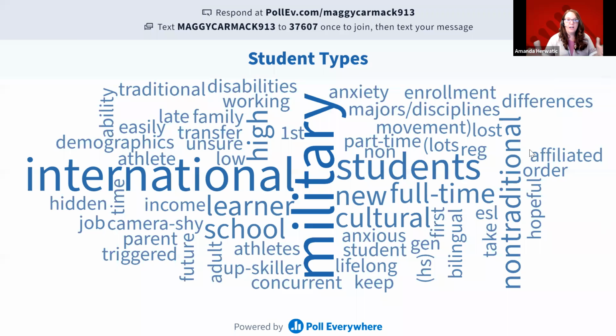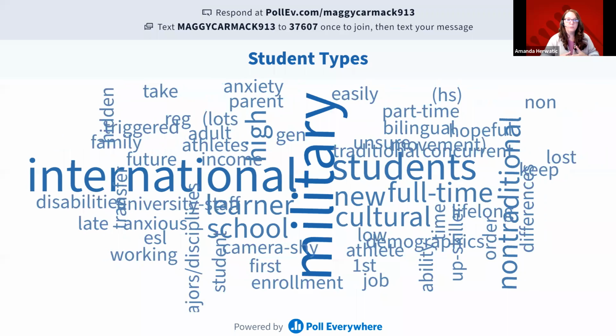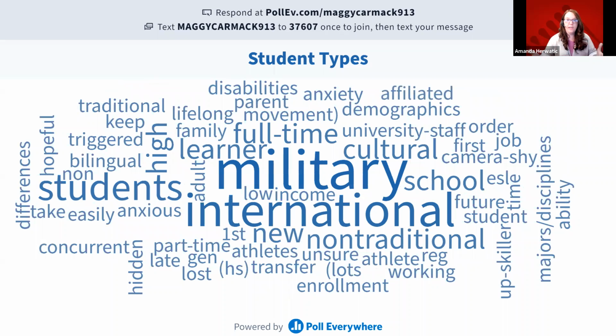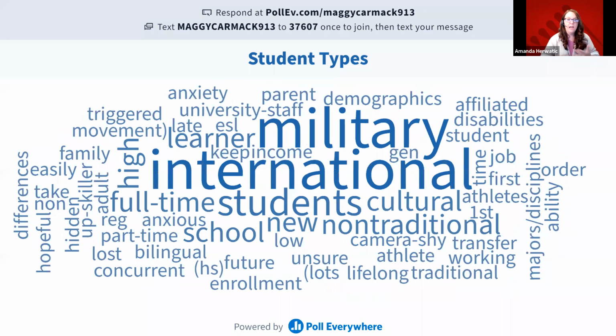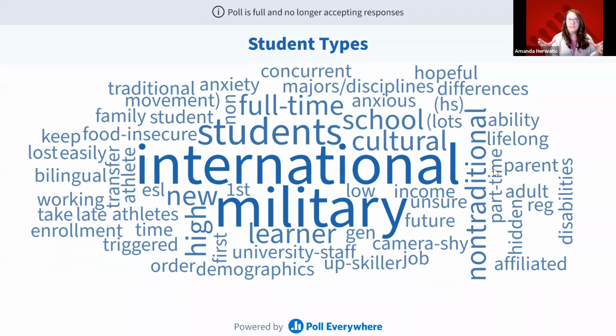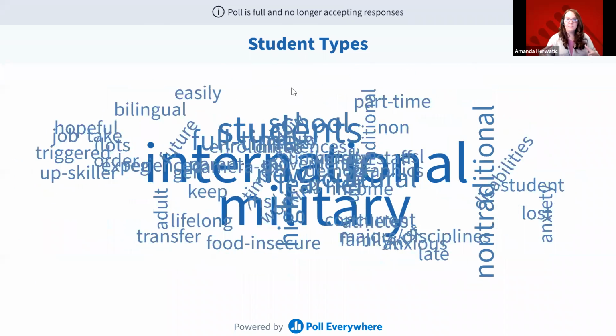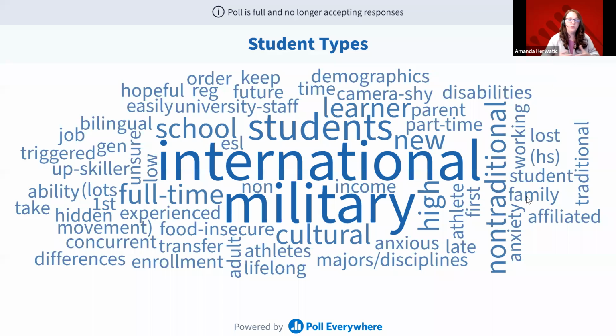I see a lot of things here that are very similar to the student types that we have identified. Military students, full-time students, we see non-traditional students. Some of the strategies that we have used with those students that are non-traditional or military, realizing that not everyone fits within the same peg. That comes back to the individualization, being flexible, making the content relevant to where they are in their current stage of life.